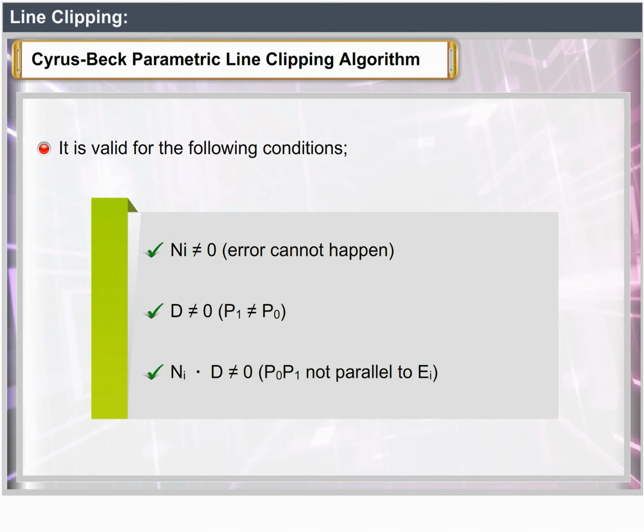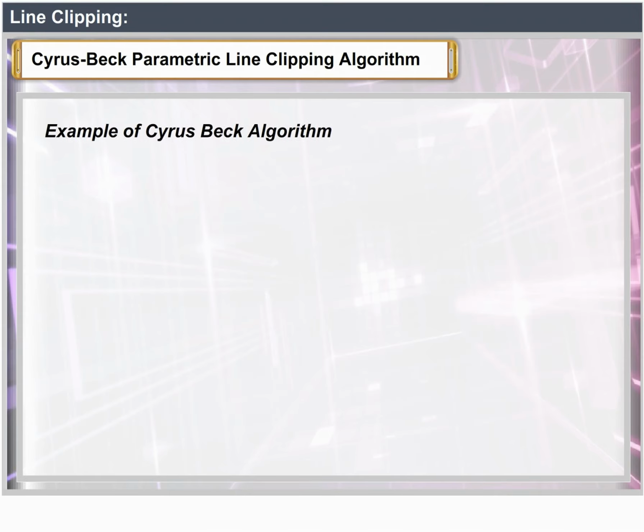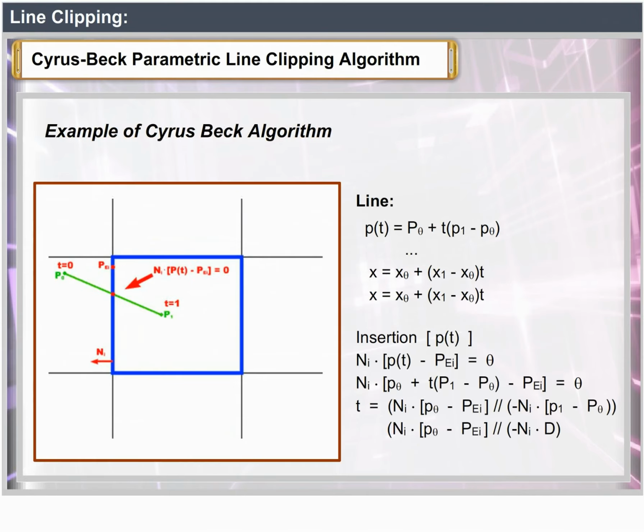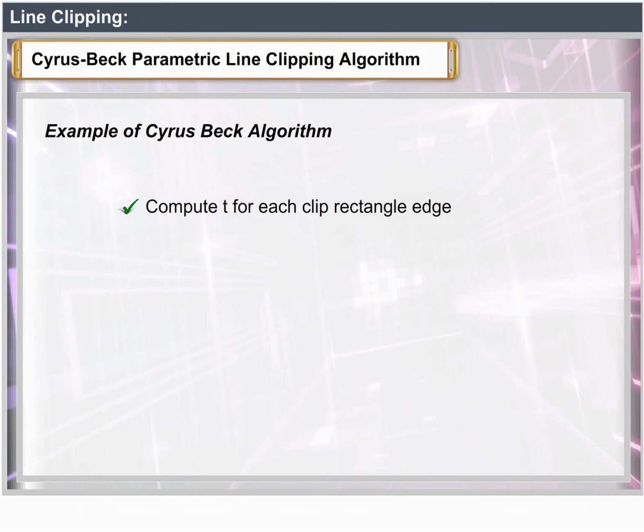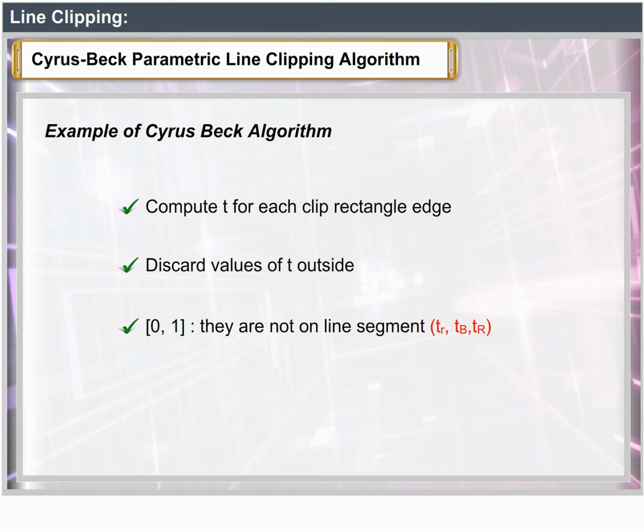Example of Cyrus-Beck algorithm. Compute t for each clip rectangle edge. Discard values of t outside 0 to 1. They are not on the line segment: TR, TB, TR. Classify other candidates more carefully: TL.